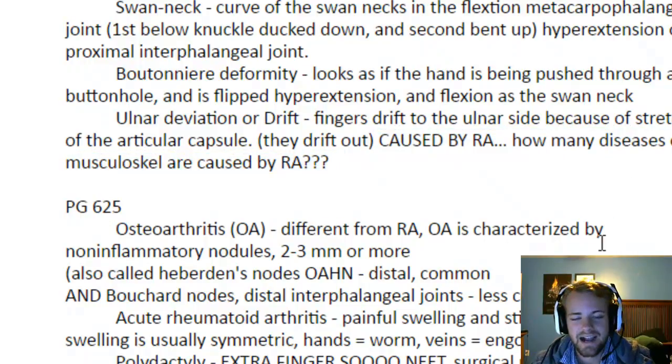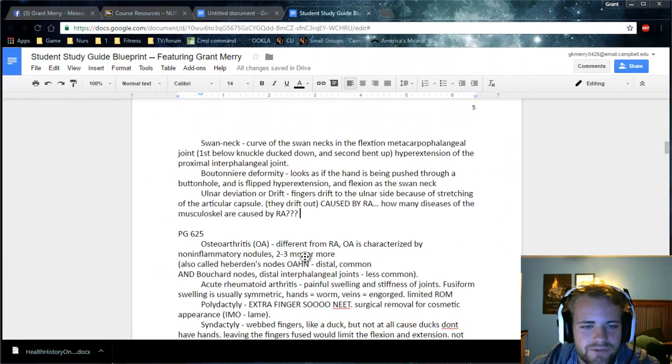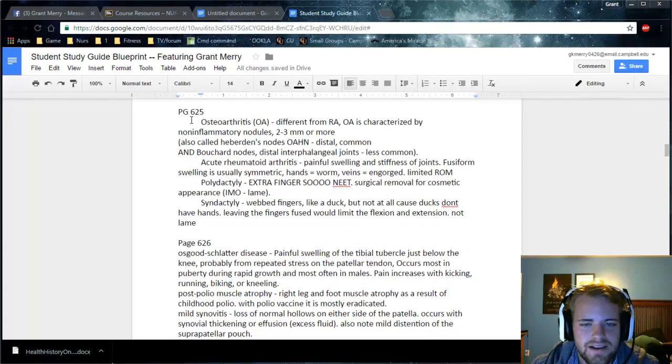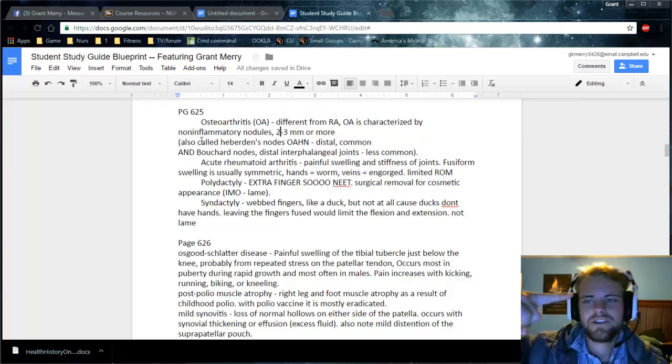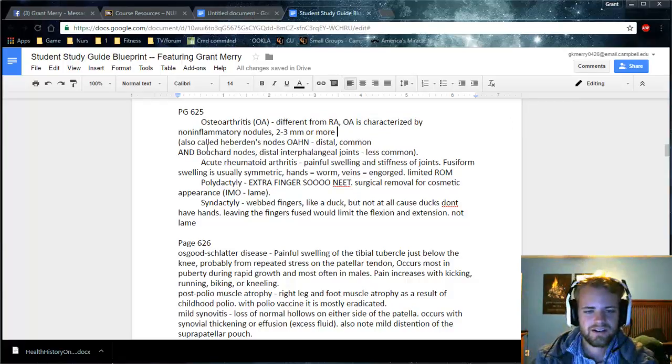And by this point, you gotta ask yourself, how many conditions are caused by rheumatoid arthritis? Anyways, I digress. On page 625, we have osteoarthritis. Different from RA, osteoarthritis is caused by non-inflammatory nodules 2 to 3 millimeters or more in length.